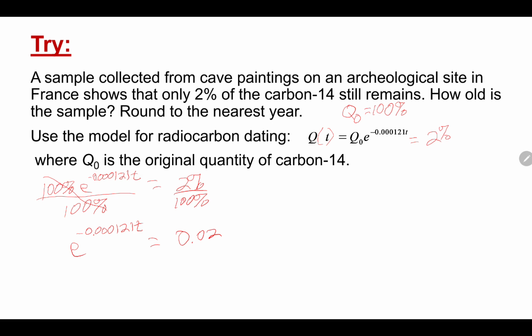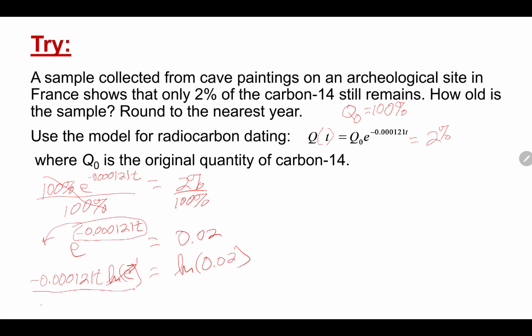And then I can take a log, and remember that this piece, I'm going to use the natural log, would come out in front of my natural log. So I would have negative 0.000121 t ln of e is equal to the ln of 0.02. And same situation, this goes to 1, right? e to the power of 1 is going to give me e, so that's why it's 1.